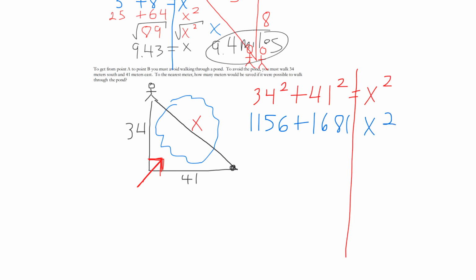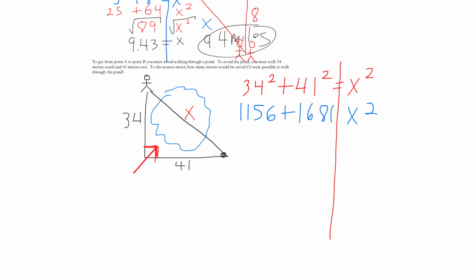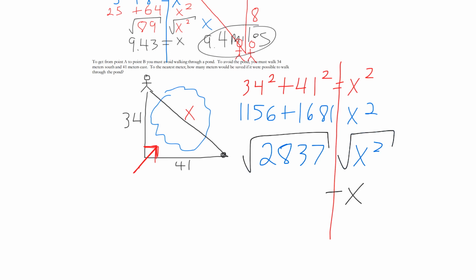Yep, thank you. And then 1156 plus 1681 is what? 2837 equals x squared. Take the square root of both sides. And what's the square root of 2837? 53.26. And this says to the nearest meter, so 53 meters.